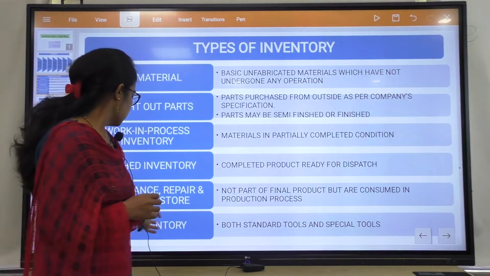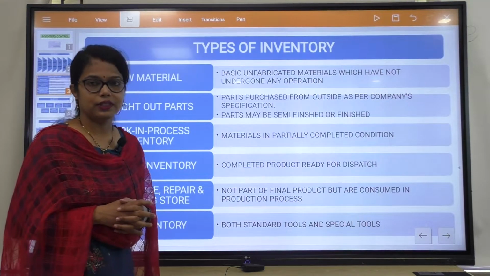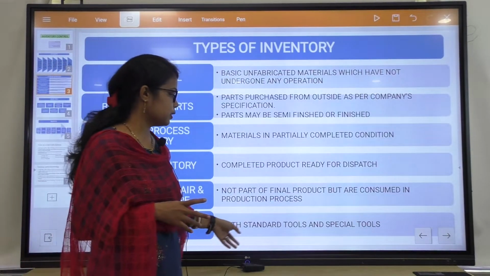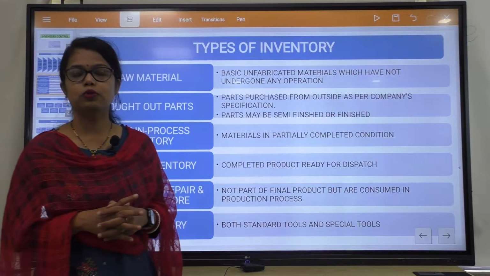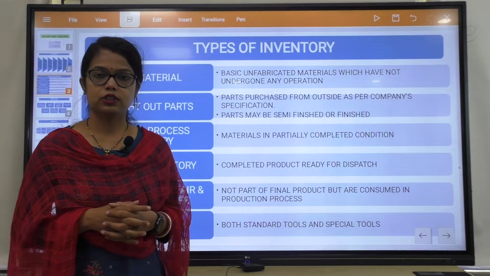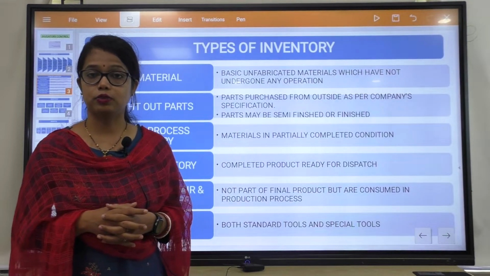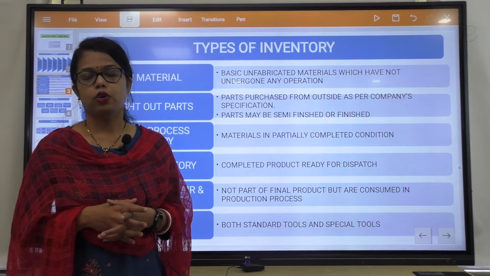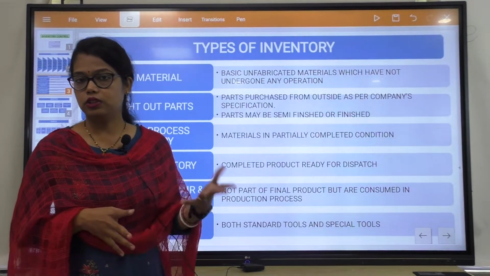Clear? Then tool inventory. This is also an important part, tool inventory, that is both standard tools and special tools. Definitely we are using some tools for the operation process. Suppose a grinding operation is there, we use grinding tools, a drilling operation, we use the drilling tool, a turning operation, we use the turning tool.